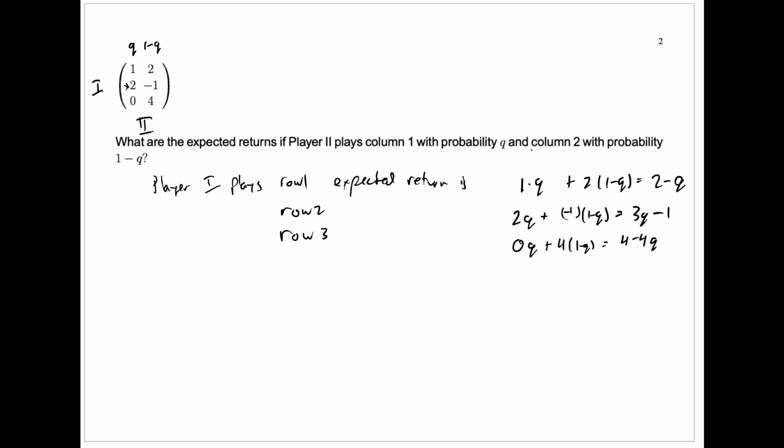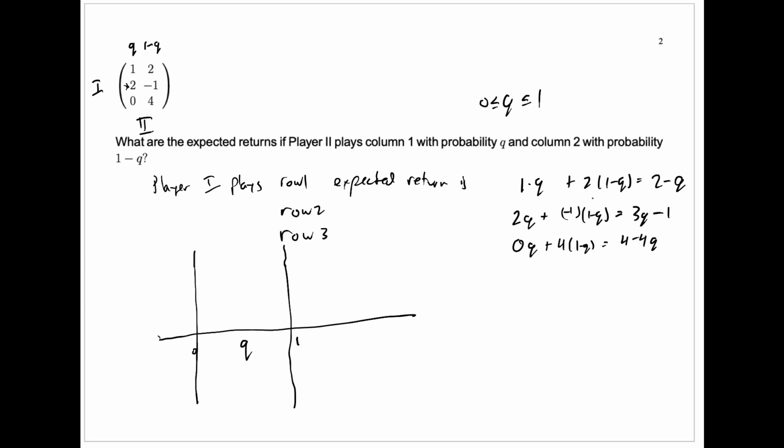And remember here, these probabilities, Q and 1 minus Q, are always between 0 and 1. They're probabilities for player 2 to pick column 1 and column 2. So let's graph these three things on a chart in a very simple way. Let's say the horizontal axis represents Q, with 0 on the left and 1 on the right. And let's graph 2 minus Q. So here's 2.